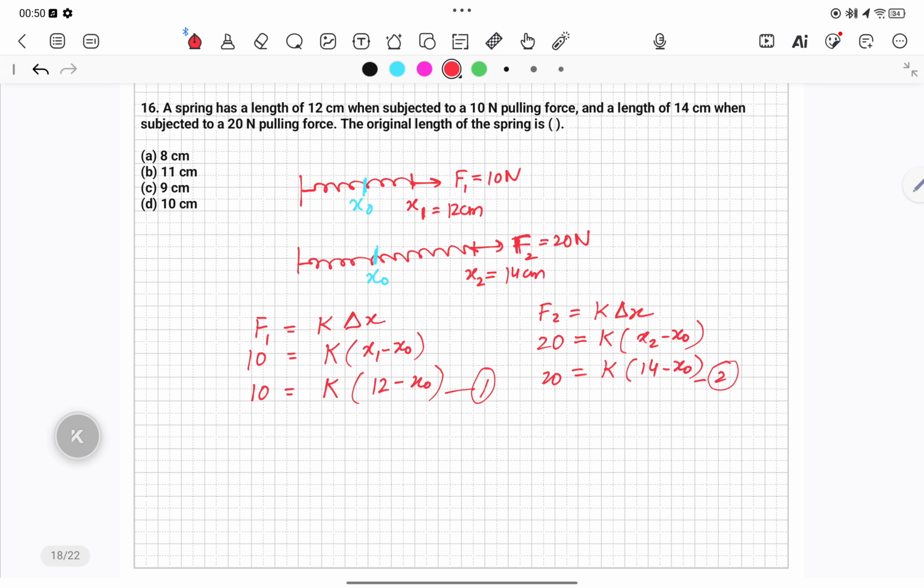Now we will divide both the equations. So equation 2 divided by equation 1.